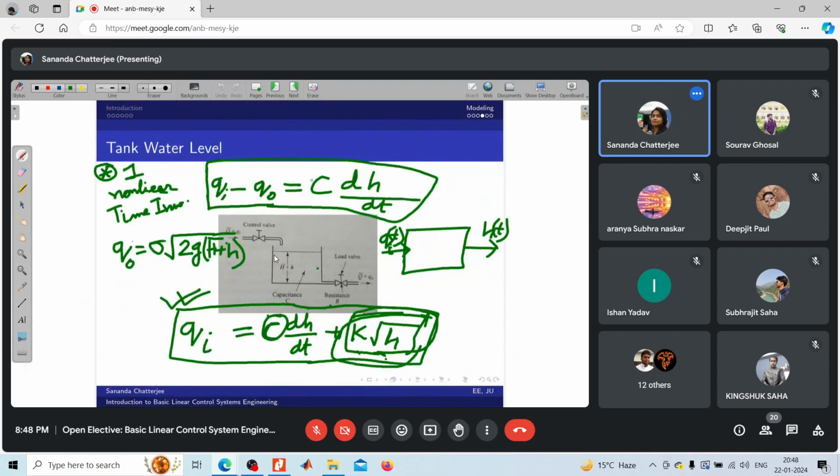If any of the coefficients, the system parameters, say C or this R, K, any one of these, are time dependent, if they are varying with time, if the value of that system constant is changing with time, then this coefficient will be an explicit function of time. Do you agree?